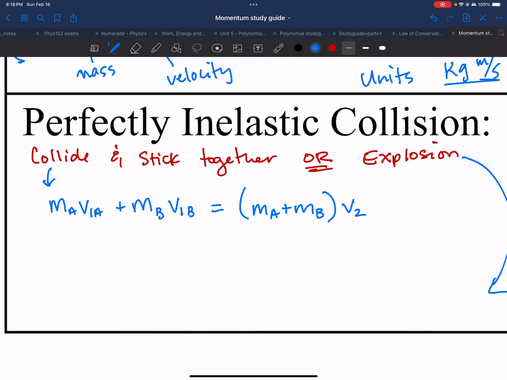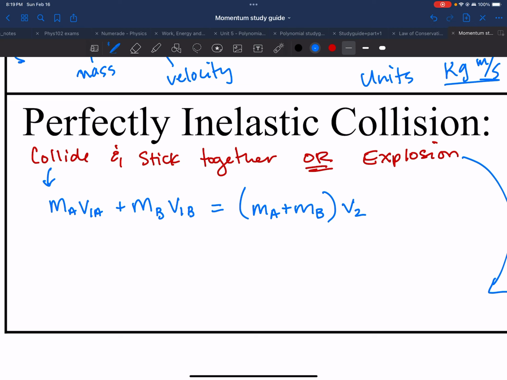An example of that might be a marshmallow and a graham cracker heading towards each other. They collide, and they continue to move after they collide because the marshmallow is sticky. That would be an example of this type of equation.